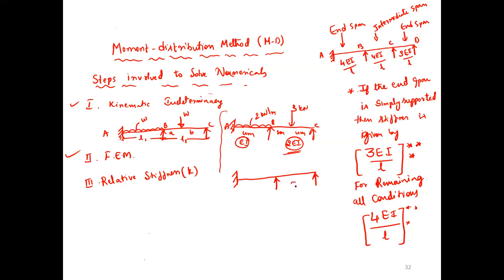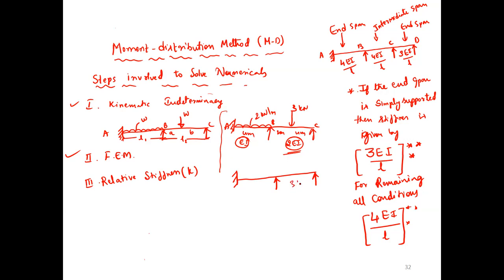Then how much are you getting here? Just EI. Here, 4EI by L with L equal to 4, so 4EI by 4. How much are you getting? EI. Any doubts?